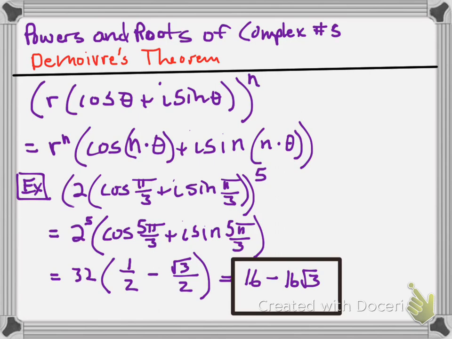Okay? Do what? 5 pi over 3 is in the 4th quadrant. So cosine is positive, sine is negative. Yes, absolutely. We have to have an i. I'm sorry.